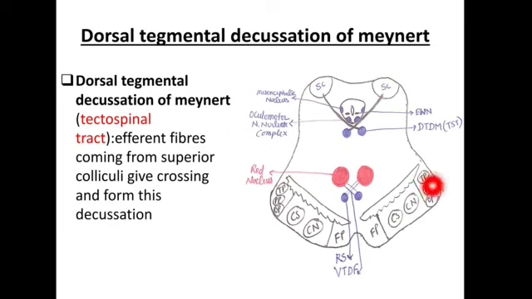Efferent fibers coming from superior colliculi cross and form this decussation. This is dorsal tegmental decussation of Meynert formed by efferent fibers coming from superior colliculi.